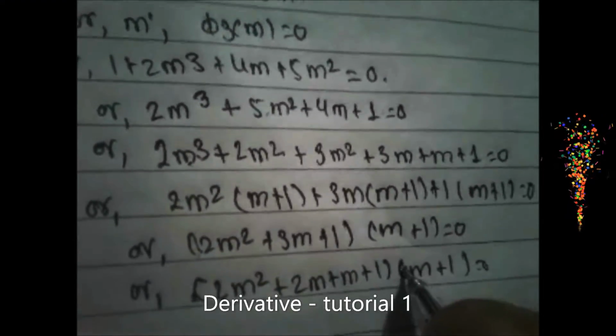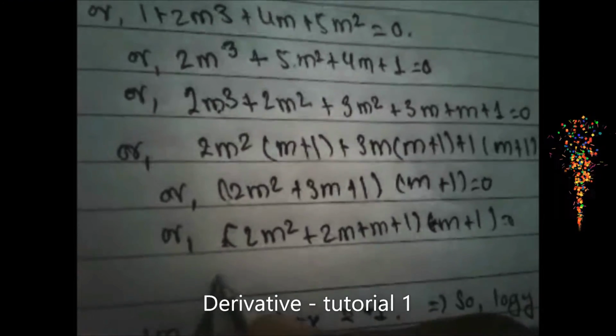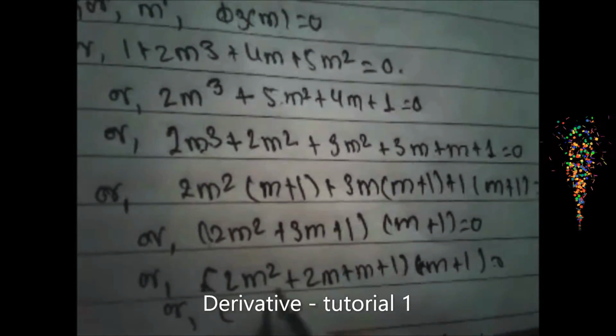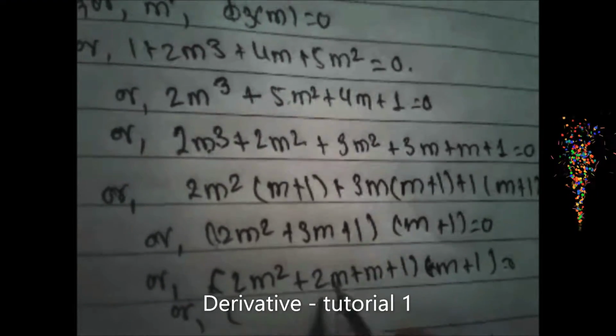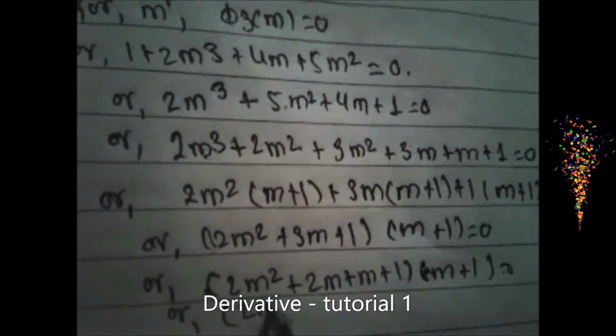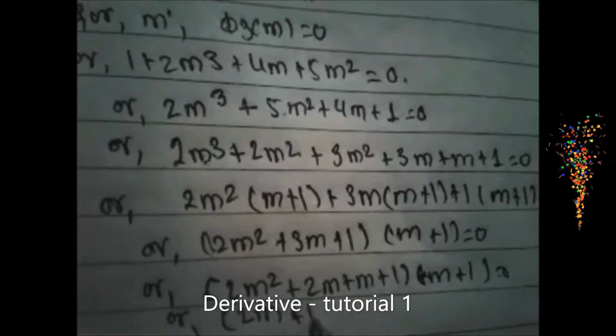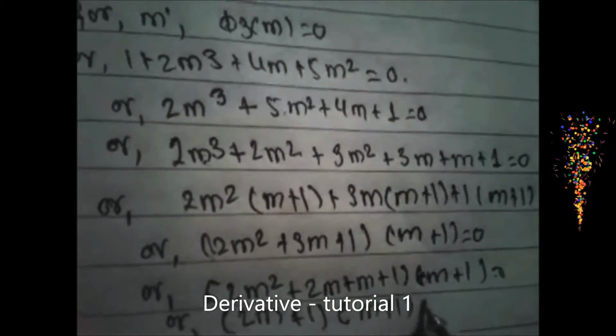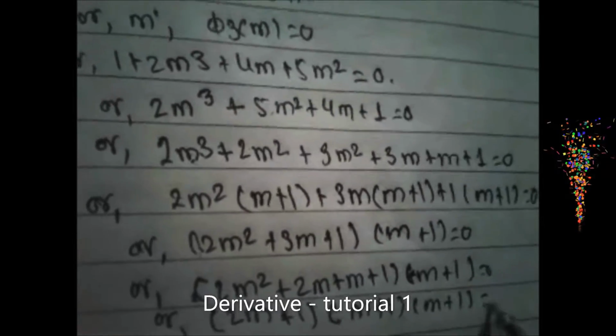Or we can simply write, 2m will be common, from here 1 would be common, plus 1 and m plus 1, m plus 1 is equal to 0.